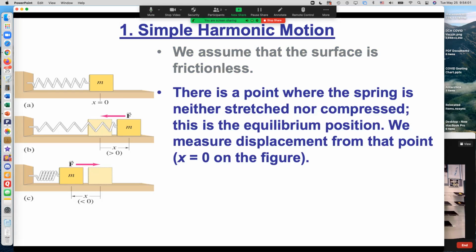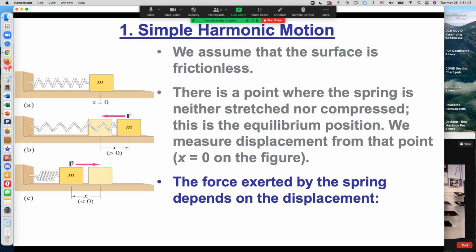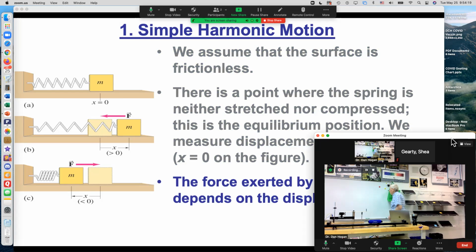The point where the spring is neither stretched nor compressed is the equilibrium position, and we measure displacement from that point. The force exerted by the spring depends on the displacement. Remember, if we look at a force versus displacement graph, you did this in one of your labs.